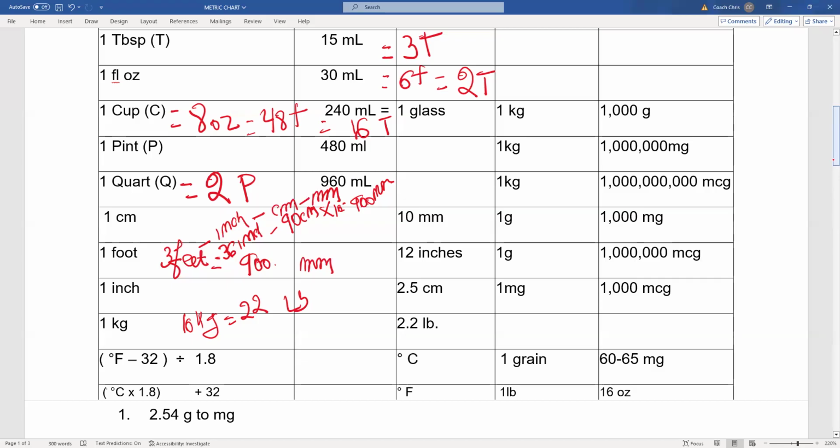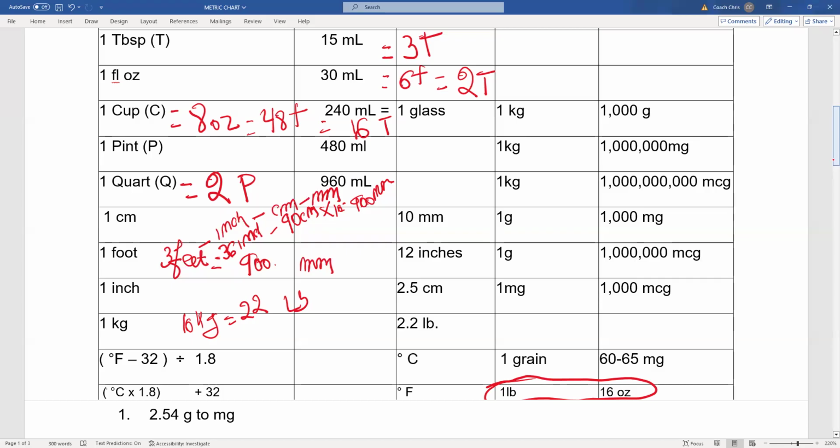All right, so another thing I want you to know is 1 pound equals 16 ounces. This ounces is for weight. You know, when you get your baby, let's say your baby was 4 pounds, 16 ounces. You remember that? So 1 pound equals 16 ounces.